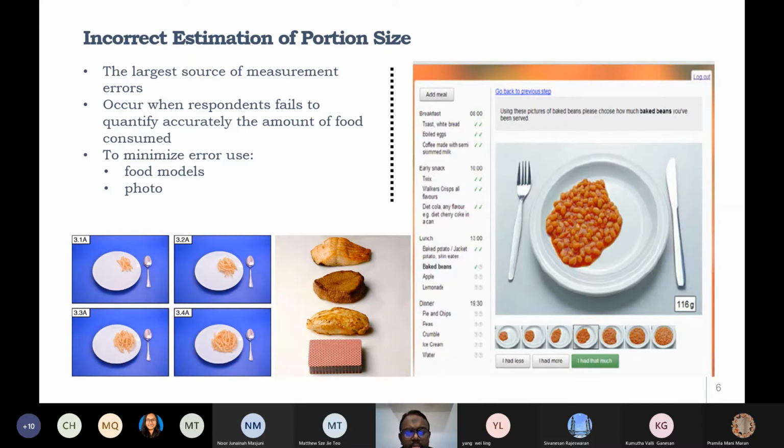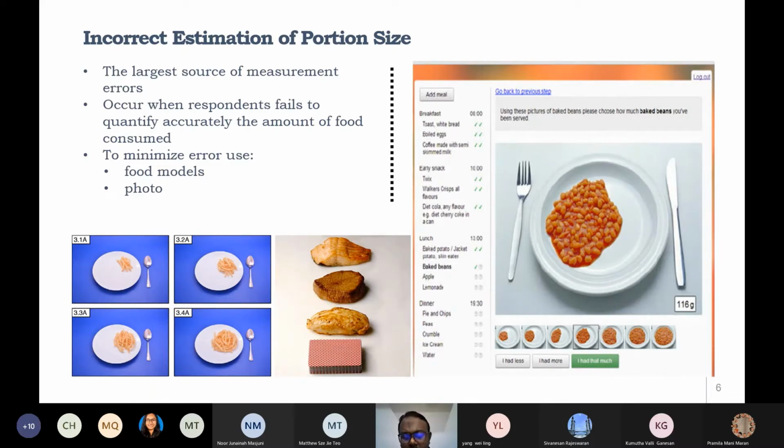So it's just not right, because the main reason might be incorrect estimation of portion sizes during the interview itself. It occurs when respondents fail to quantify accurately the amount of food consumed, or because of how the interviewer asks questions.